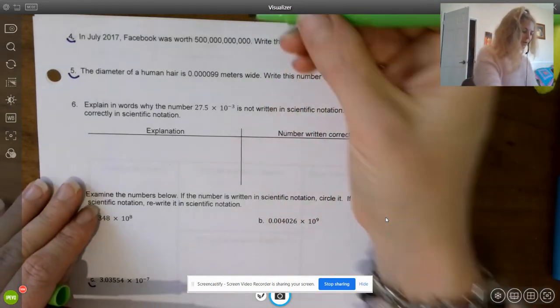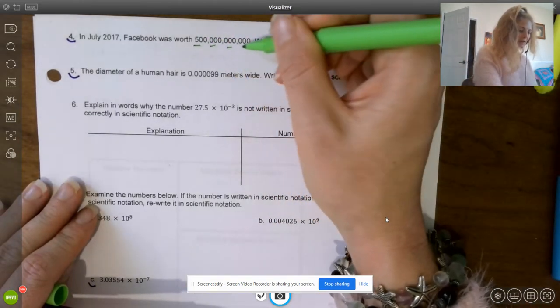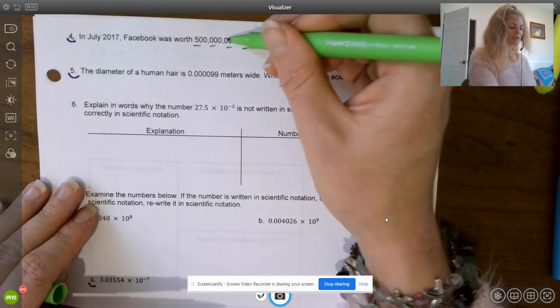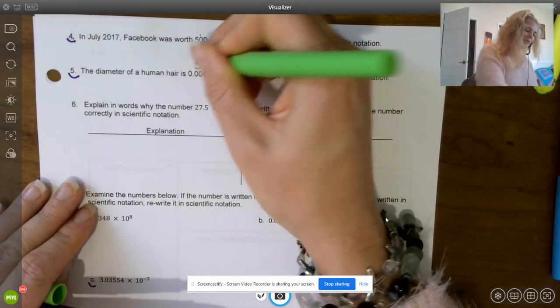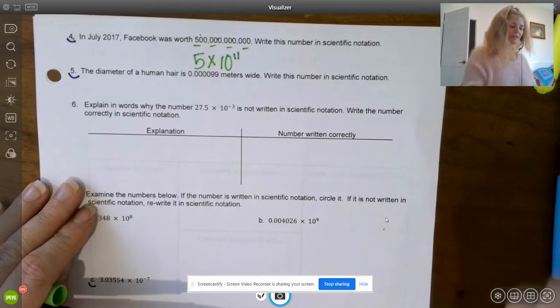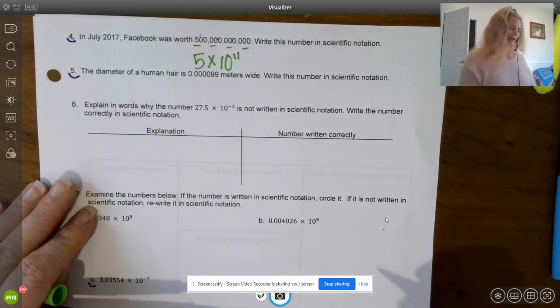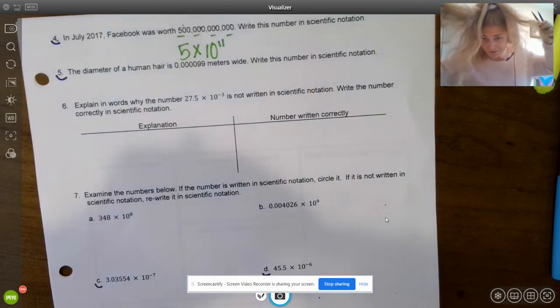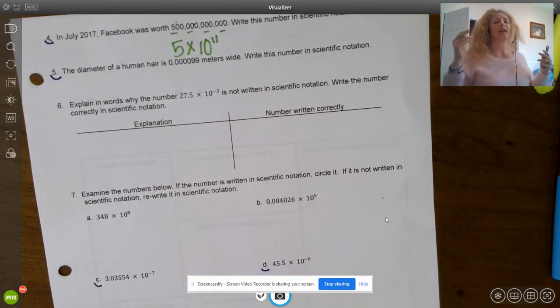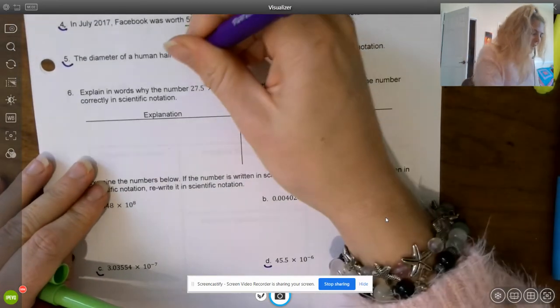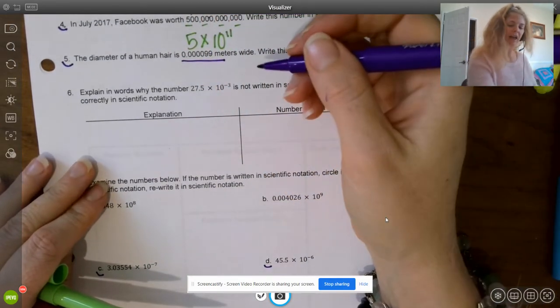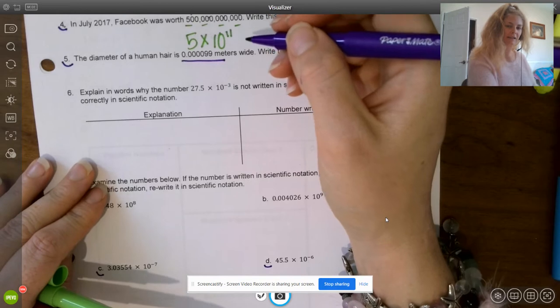Awesome. Number 4, we are writing this number in scientific notation: hundreds, thousands, millions, billions, 500 billion. It's just 5 times 10 to the 11th power. And the diameter of human hair, I mean, I have a lot of hair. Maybe we could add up all the diameters of my hair later. That'd be a fun problem. Taking a look here, obviously we're going to have a negative exponent.